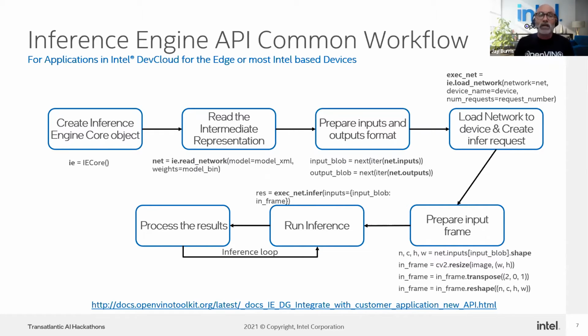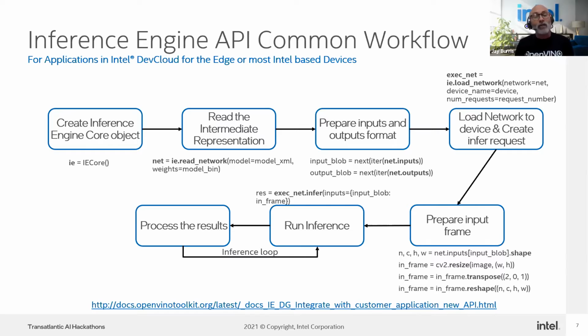So first you start out by creating an inference engine core object. Then you read the intermediate representation, using the IE read network API. You prepare the input and output formats, so it says input blob and output blob. This is a similar way with Luxonis. In OpenVINO, this is the step where the blob is created and prepared. Then you load the network onto the device. You prepare the input frame, meaning the images or the video, and a video is really just a string of images.